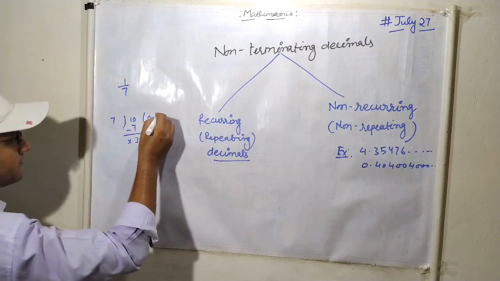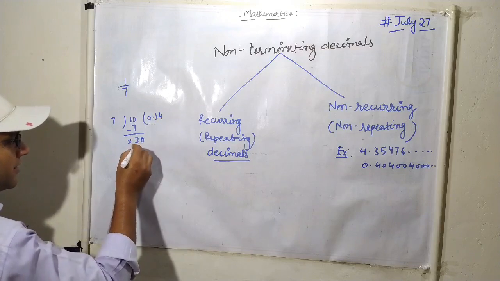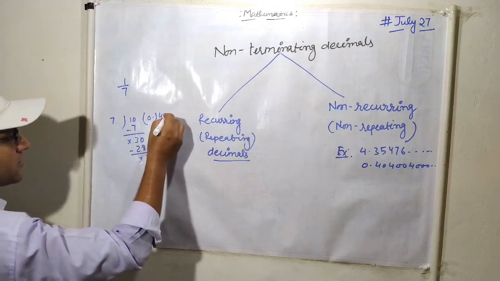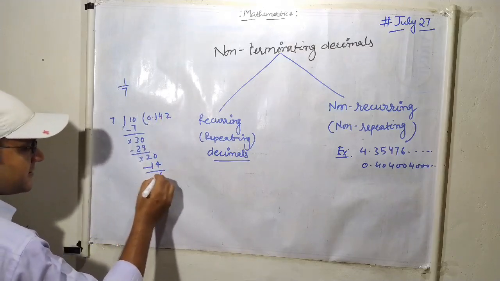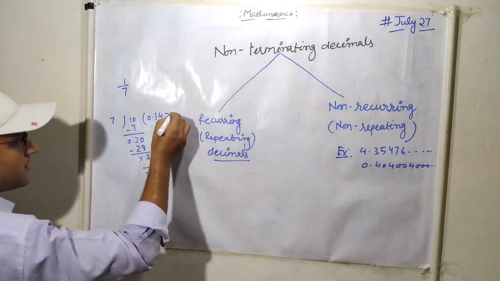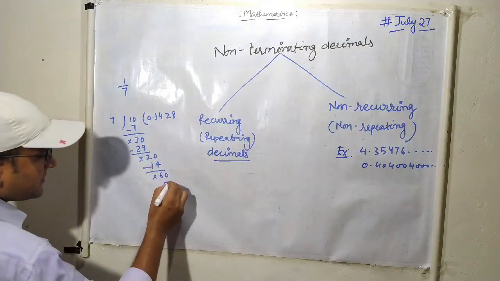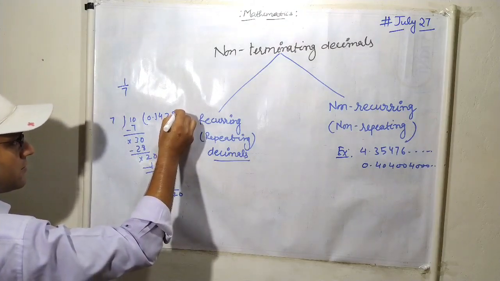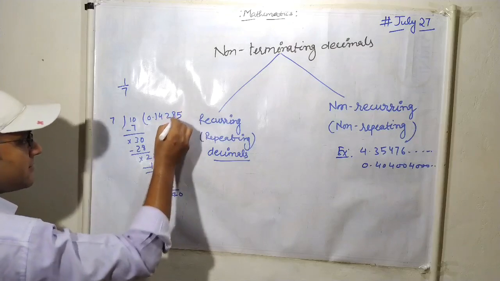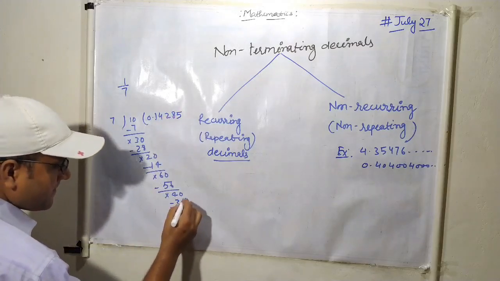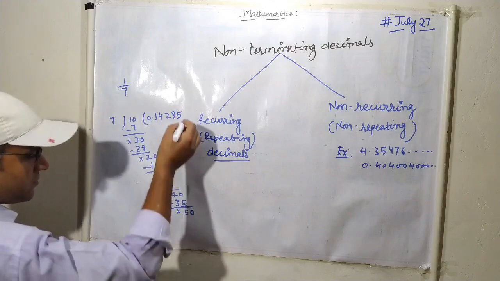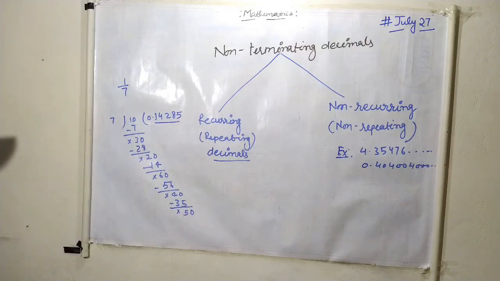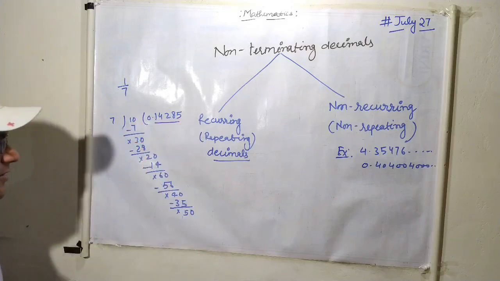Decimal you have taken, 30, 7 4s are 28, 2, 20, 7 2s are 14, 6, 60, 7 8s are 56, 4, 0, 40, 7 5s are 35, 5, 0, 50. You can see this one: after 5 steps of your division, 1, 4, 2, 8, 5.